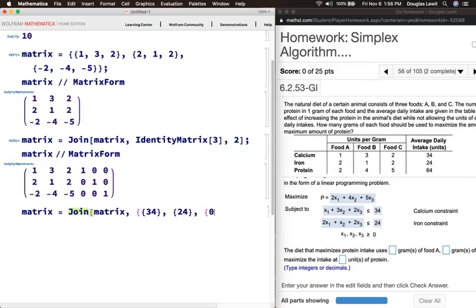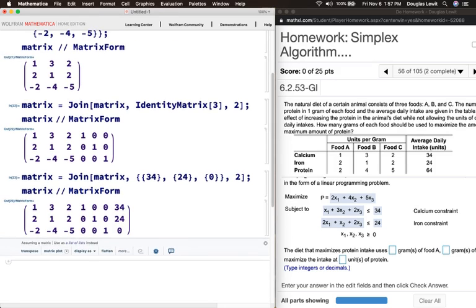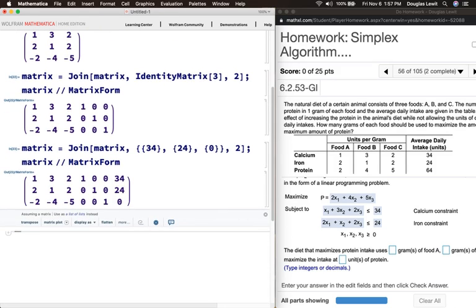And why is it 0? Because negative 2x1 minus 4x2 minus 5x3 plus p is equal to 0. Okay, there you have it.